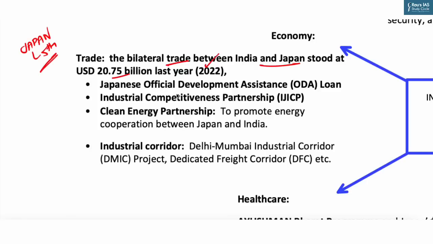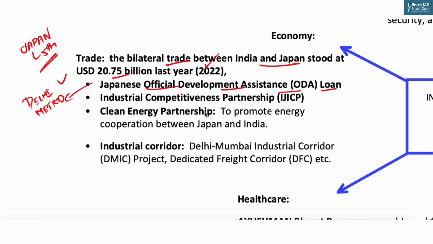Further, India has been the largest recipient of Japanese official development assistance loans for the past decades. An example of this is the Delhi Metro, which is one of the most successful examples of Japanese cooperation through the utilization of official development assistance, that is ODA.